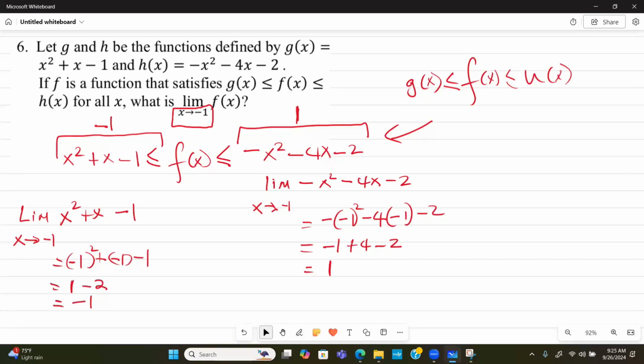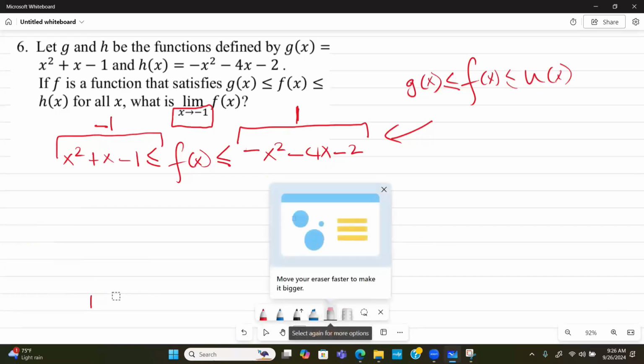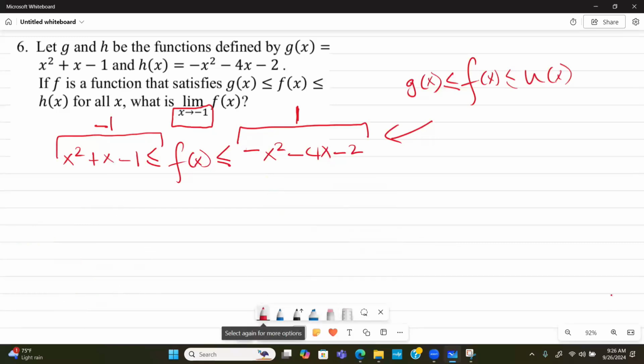So let us now take a look at what's going on. All right. So basically, what I'm going to do now is rewrite what we have. So we're looking at having -1, which is less than or equal to F of X, which is less than or equal to 1.